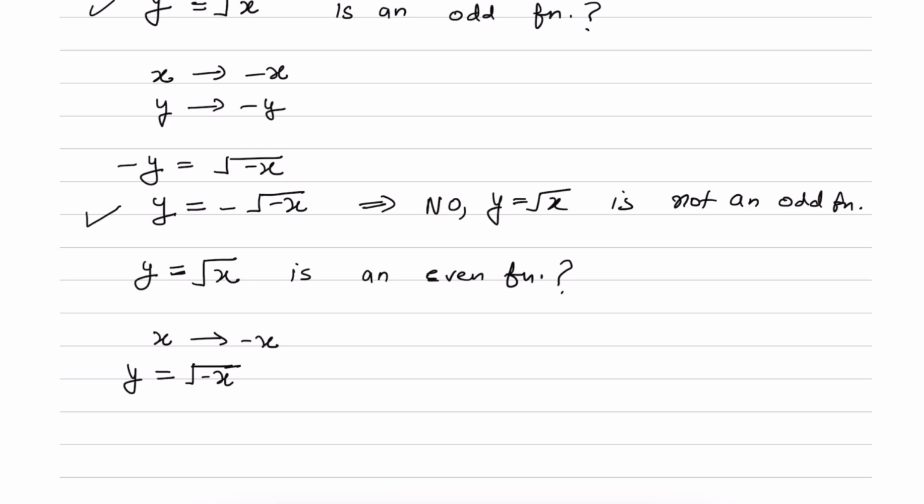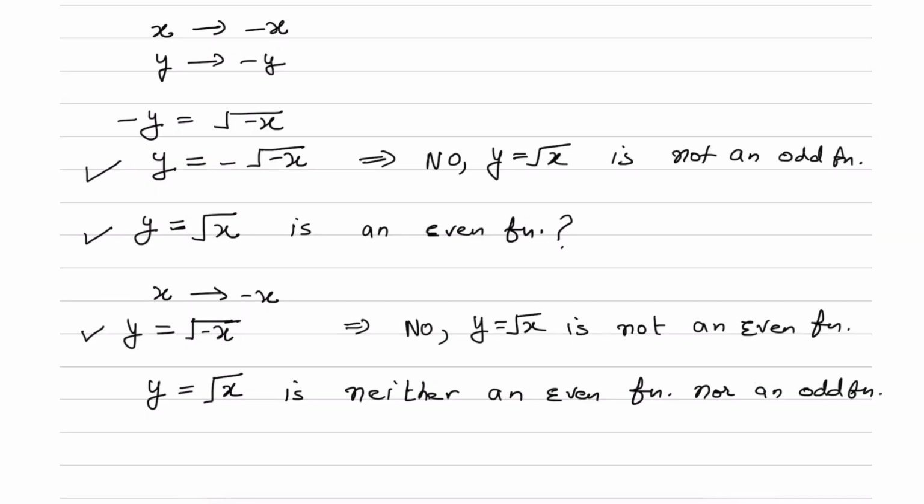We cannot simplify this anymore, so we started with y equal to square root x and we got y equal to square root of minus x. So a different function. If it had been the same function, we would call y equal to square root x an even function, but it's not the case here, so we will say that y equal to square root x is not an even function. So what we have deduced here is that y equal to square root x is neither an even function nor an odd function.